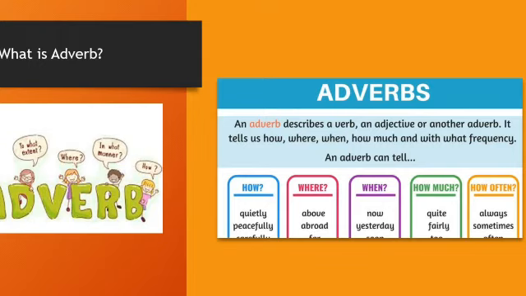How much, कितना. Quite, fairly, अच्छे से हो गया, मुश्किल से हुआ. Too much, बहुत ज़्यादा हो गया. How often. How often means वो काम किस तरीके से होता है. Always, हमेशा होता है. Sometimes, कभी कभी. Often, अक्सर. So adverbs give the answers to the following questions: how, where, when, how much and how often.